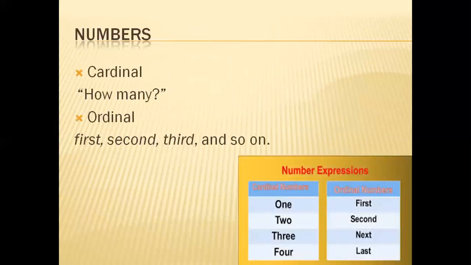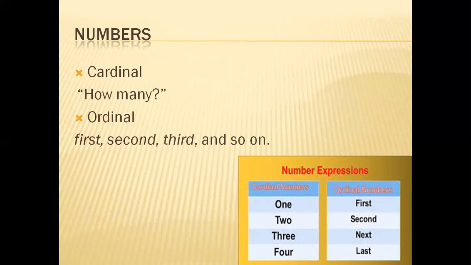Now numbers. In terms of meaning, numbers are similar to quantifiers, but they are mostly treated separately. Cardinal numbers are counting numbers, like 1, 2, 3, and they also give the answer of how many.